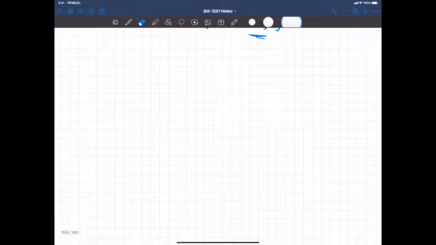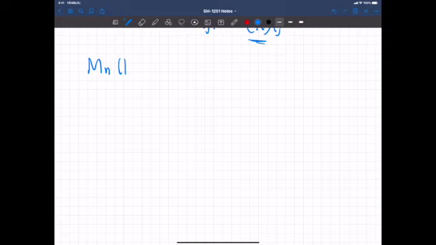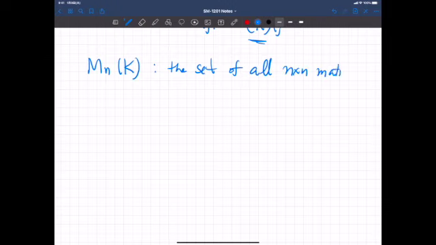And next we introduce another convention. Let's write Mn(K) to mean the set of all n by n matrices over K. K is a set.